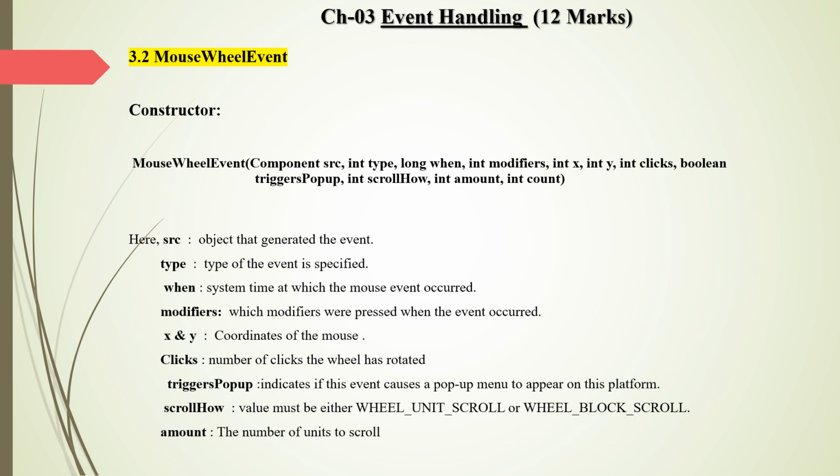These are the two constants. And the second last parameter, scrollAmount, the number of units to scroll, and last wheelRotation, the number of rotation units that the wheel moved. So this is quite difficult to understand and remember, but this is one constructor of the MouseWheelEvent class. So this is regarding mouse events.